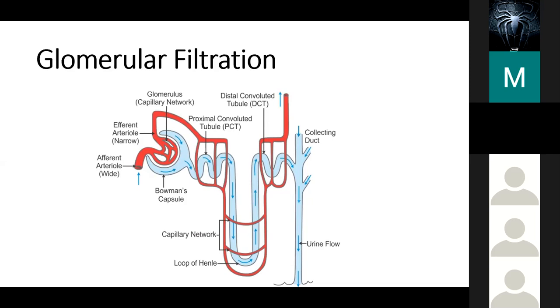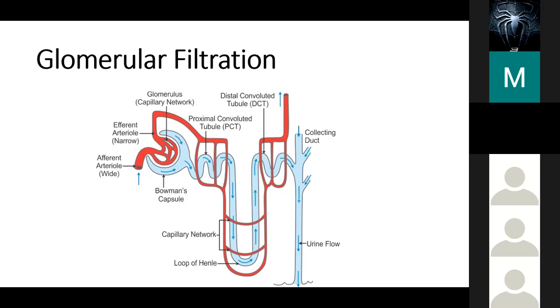Following the arrows, it goes to the proximal convoluted tubule, where you have these blood vessels surrounding the proximal convoluted tubule. Some substances are secreted into the blood, whilst others are also added to the urine, to the ultrafiltrate.